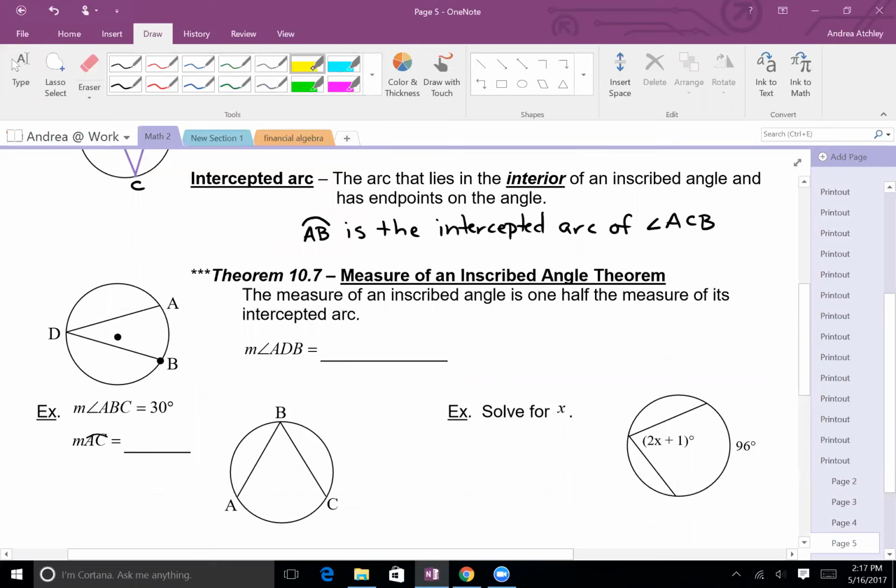The measure of the inscribed angle theorem, this is kind of an important one, so we're going to highlight it. The measure of an inscribed angle is 1/2 the measure of its intercepted arc. That means angle ADB is equal to 1/2 arc AB.